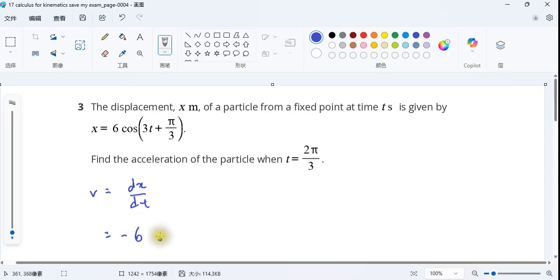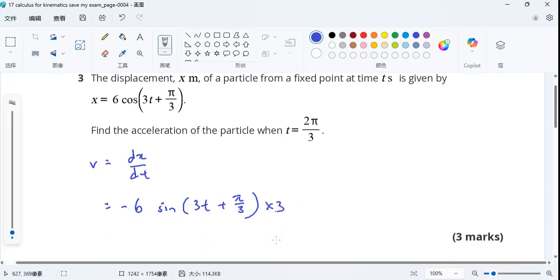Negative 6 sine of 3t plus pi over 3, multiplied by 3. So it will be negative 18 sine of 3t plus pi over 3.